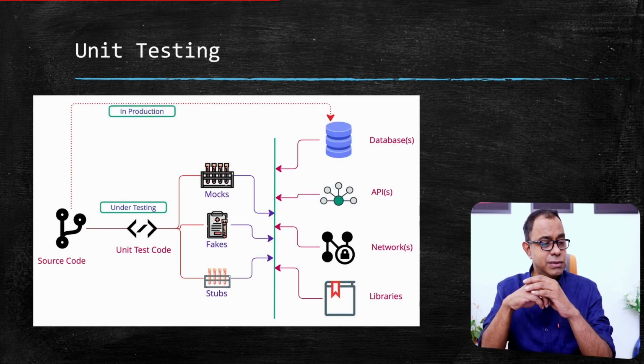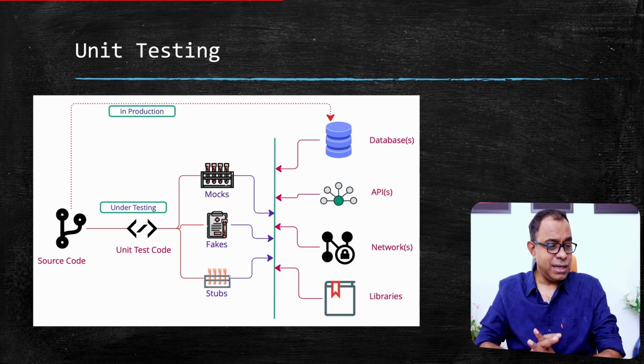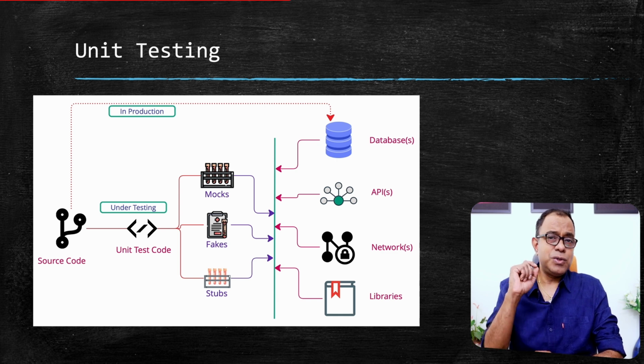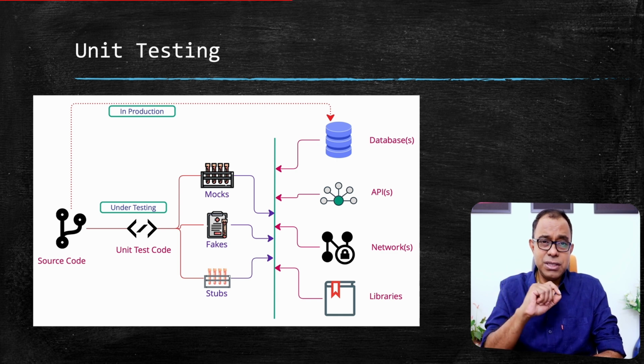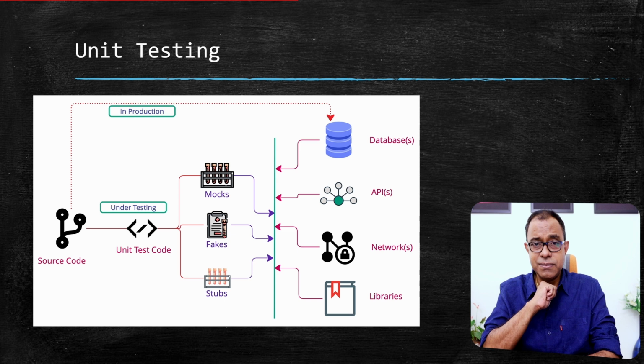Okay, so in this picture on your screen right now, you can see that there are databases, there are APIs, there are network connections, and there are libraries. The source code, the production code in the production environment, will directly connect to those databases, APIs, libraries, and network sockets.